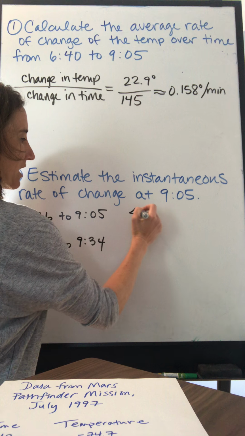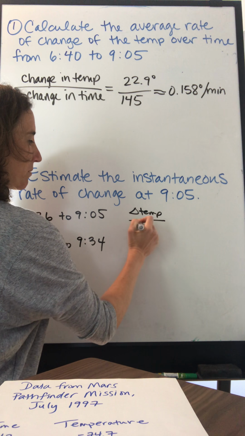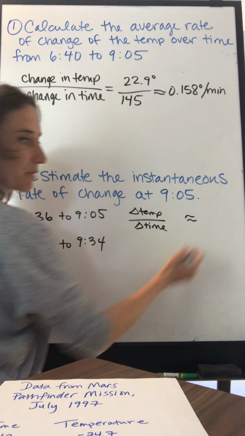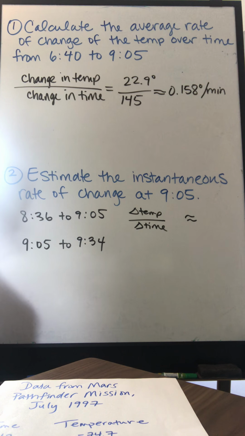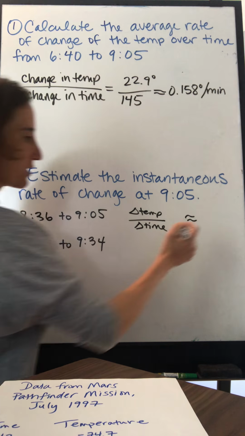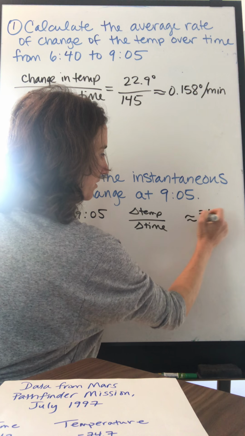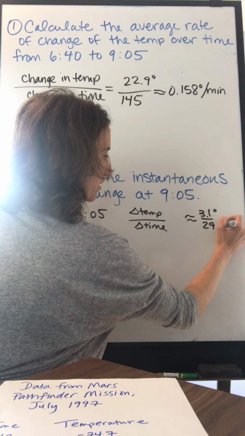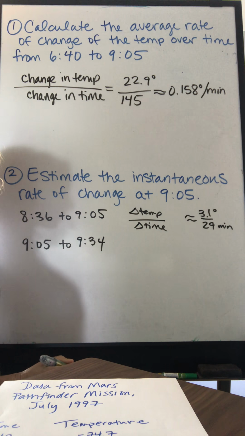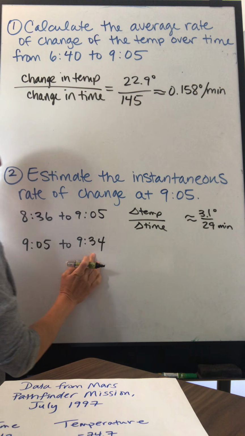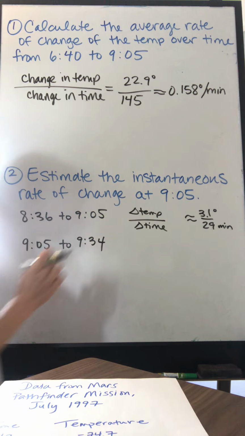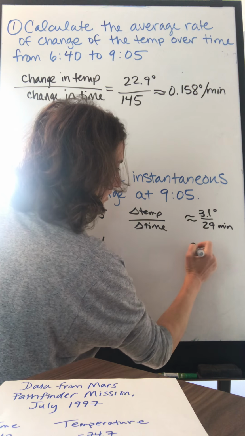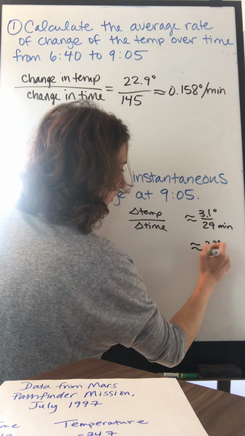So my change in temp over my change in time in these two intervals is approximately, I got about 3.1 degrees over 29 minutes. So this is degrees per minute for that top one. And from 905 to 934, my change in temperature over change in time was about 2.3 degrees over 30 minutes.